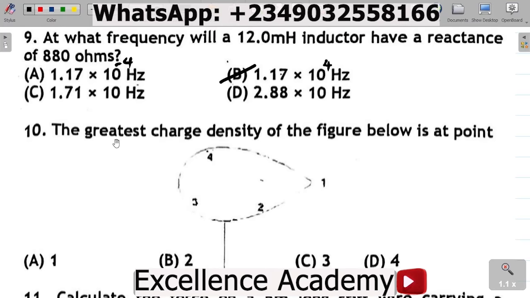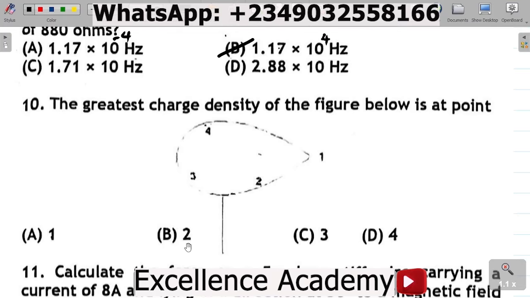Question number 10 here says, the greatest charge density of the figure below is at point dash. A, 0.1, B, 0.2, C, 0.3, D, 0.4. Now, for questions like this, you want to note that the greatest charge density is always at the pointed part, all right?